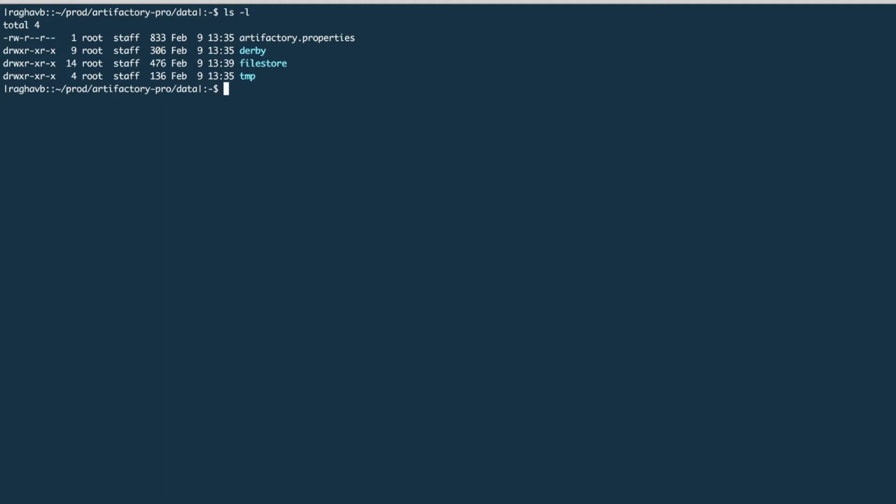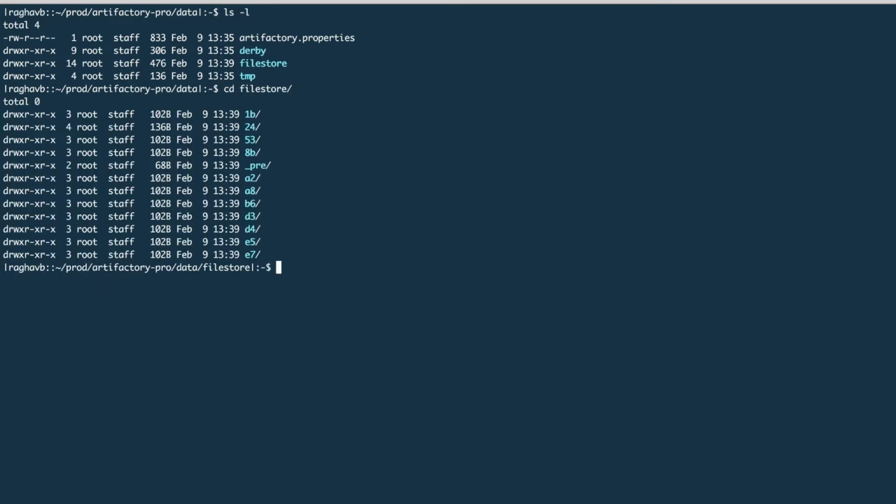Here we are in Artifactory's data directory. Inside the data directory is the file store directory. In the file store, we have a list of directories, all labeled with the first two characters of the SHA-1 checksum. When we open one of these directories, we find a file with the SHA-1 checksum base name beginning with the same two characters for which the folder is named.